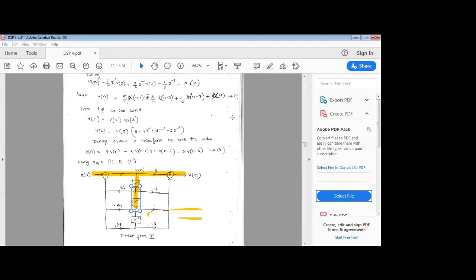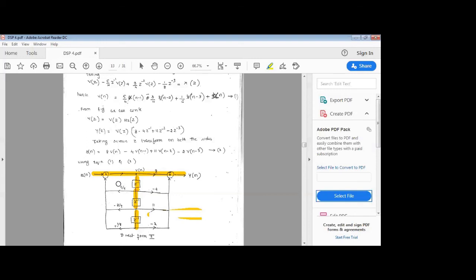So I'm just taking the third one once again here. We have three delay elements which have been taken here. Then how to write down the remaining parts? It is 5 by 4 which has to be multiplied. My v of n is equal to 5 by 4 into v of n minus 1.